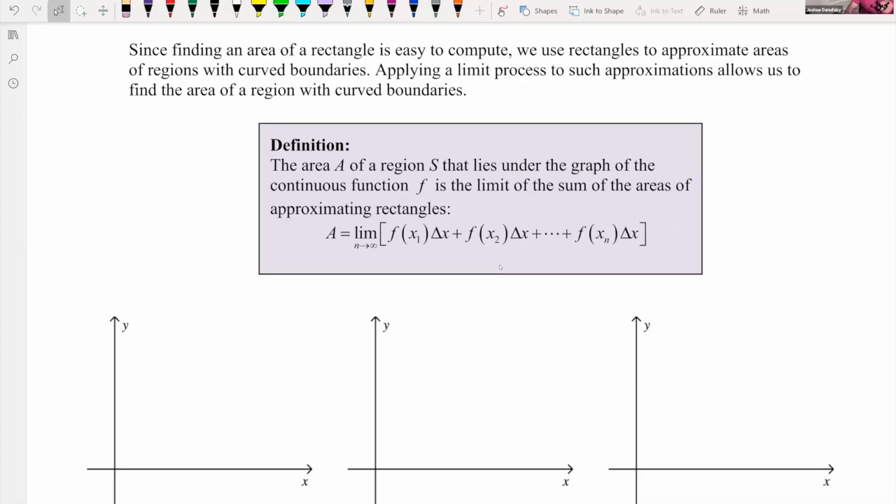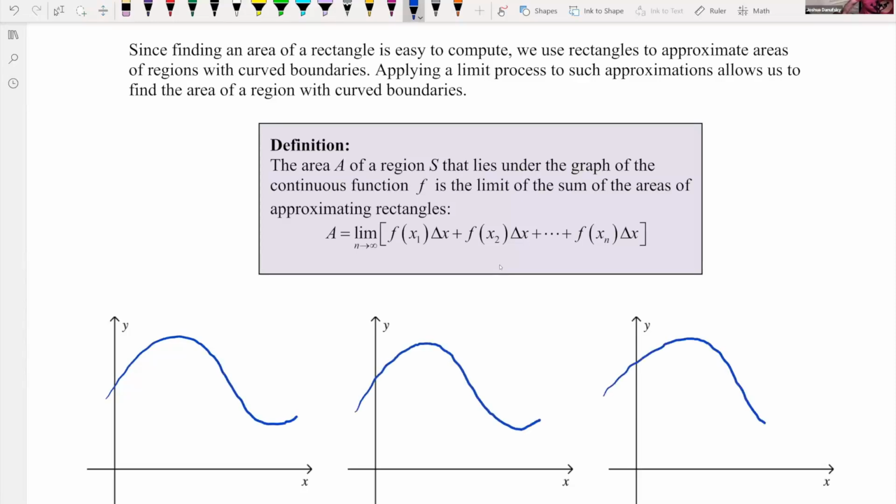I'm just going to draw 3 quick drawings of what we're talking about and say a couple things about it. So I'm going to start off with 3 functions that hopefully look somewhat the same. And in each case, we're going to build rectangles going along the x-axis from, let's say, 0 to some value out there.